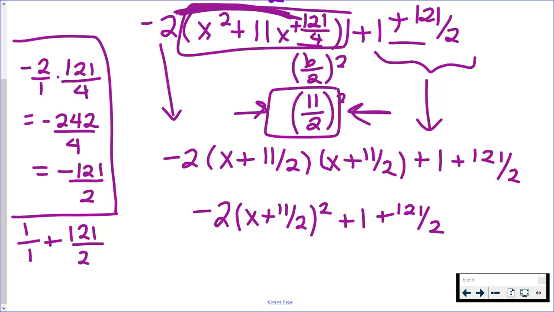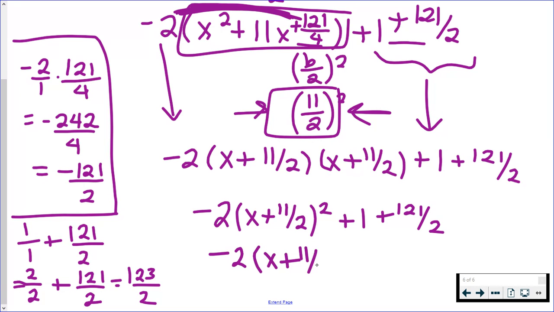So making a common denominator, I'm going to do 2 over 2. So this ends with a plus 123 over 2.